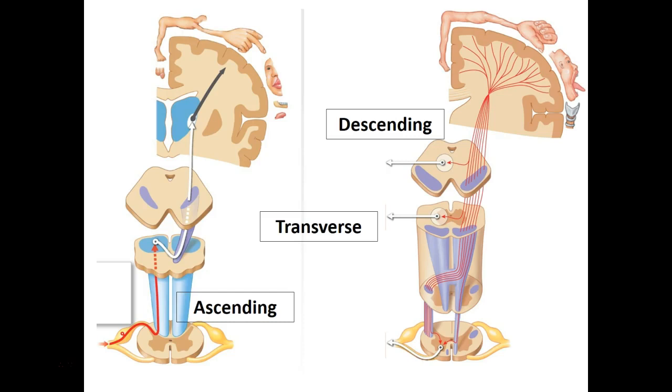In some cases, we need to have coordination between, say, both sides of our body. And so some of that information gets passed from one side of the spinal cord to the next. And so that's going to be using a transverse type of tract. Okay.